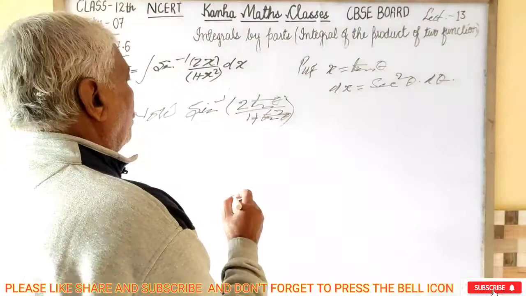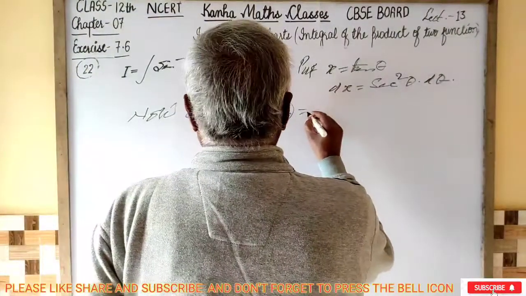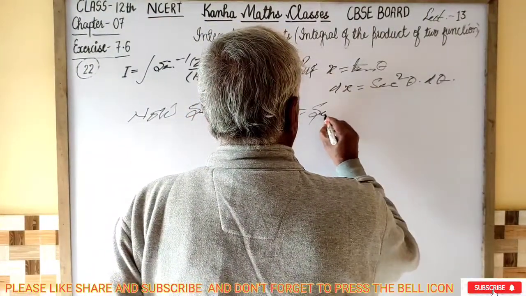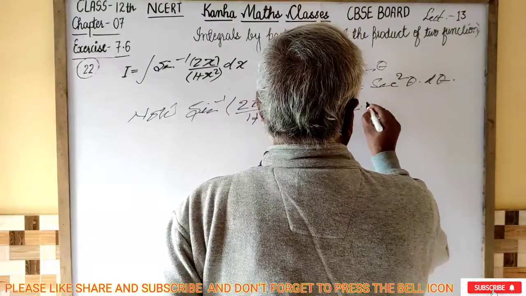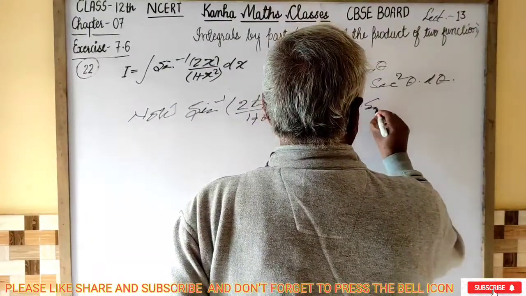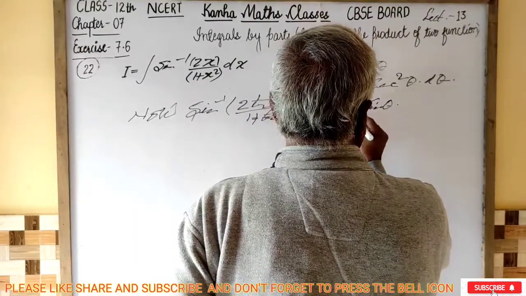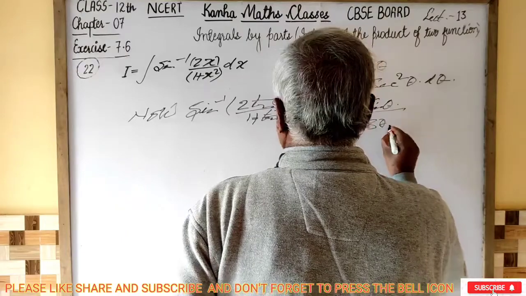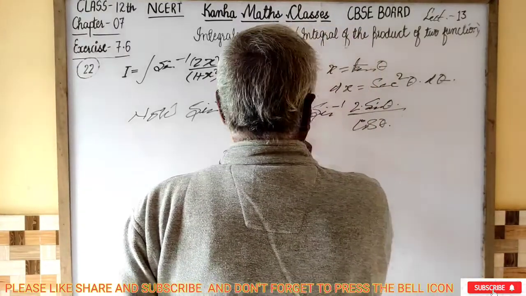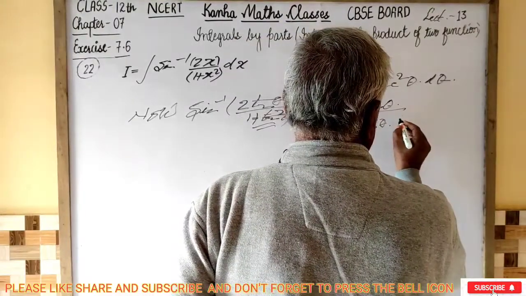Now this is equal to sin inverse of 2 tan theta means sin theta upon cos theta, and 1 plus tan square theta is equal to sec square theta.